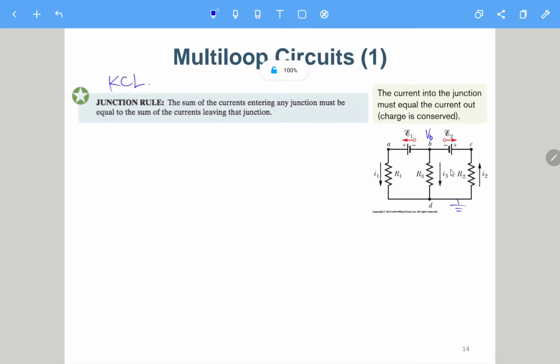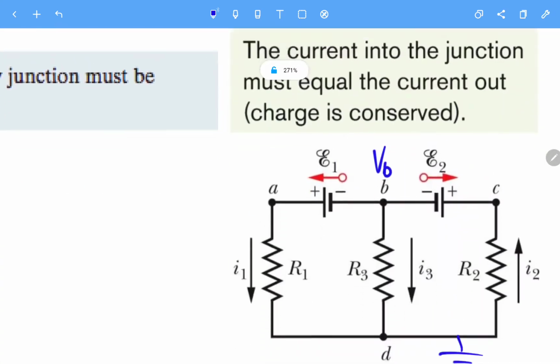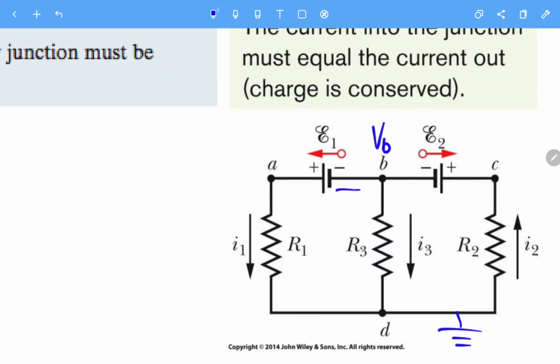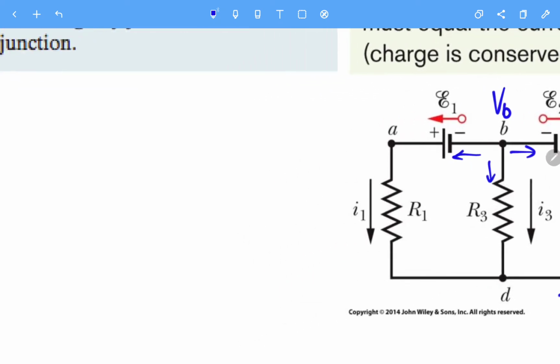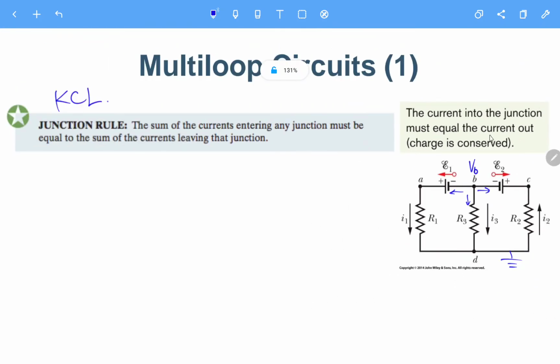So let's try. Let's call it VB here, and then we consider the current going out. The current going out should sum up to be 0, or going in, but usually I try to use going out. So let's determine the current I1 here, and I just try to make I2 going from top to bottom. Here this is I1, this is VB, so this VA should be VB plus E1.